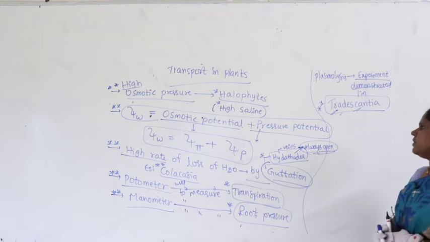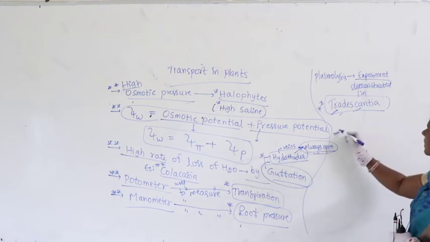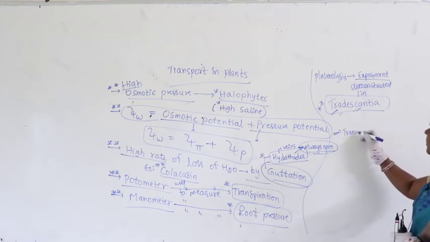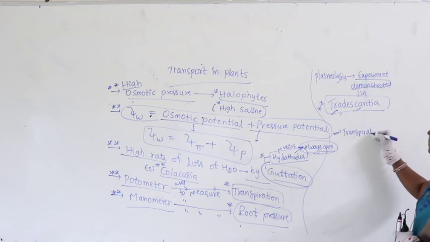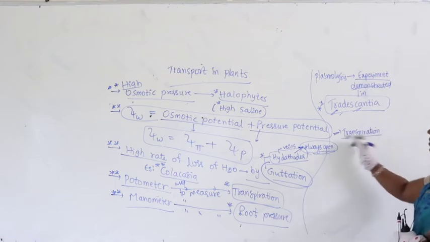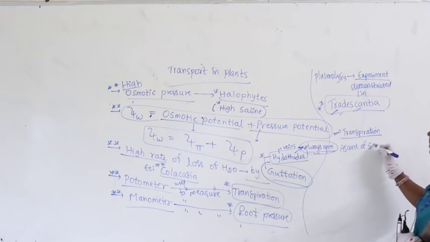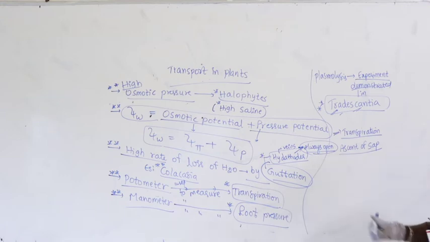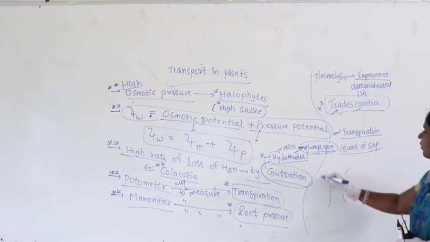Now apart from this, if you look at the process of transpiration, we talk about the ascent of sap. What is the ascent of sap? It is the upward movement of water and minerals.